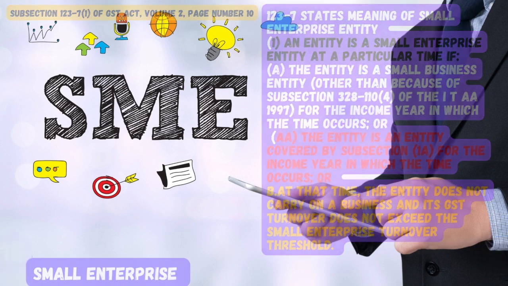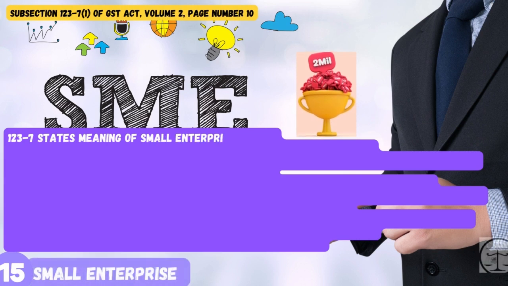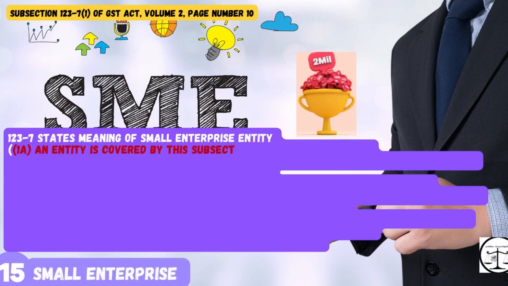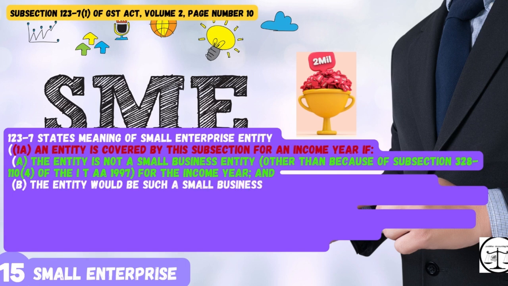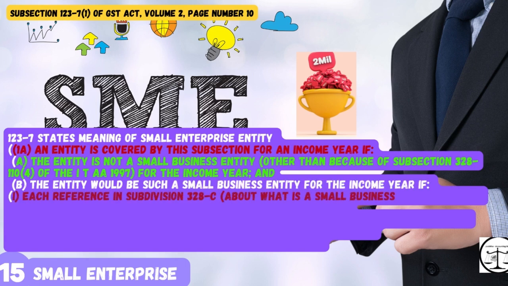enterprise turnover threshold. 1a. An entity is covered by this subsection for an income year if a. The entity is not a small business entity, other than because of subsection 328-110(4) of the ITAA 1997, for the income year, and b.